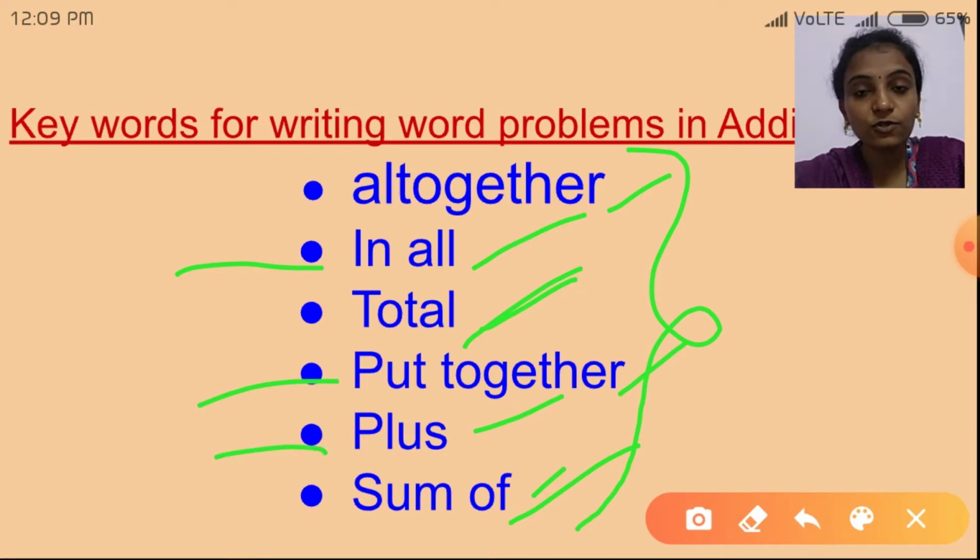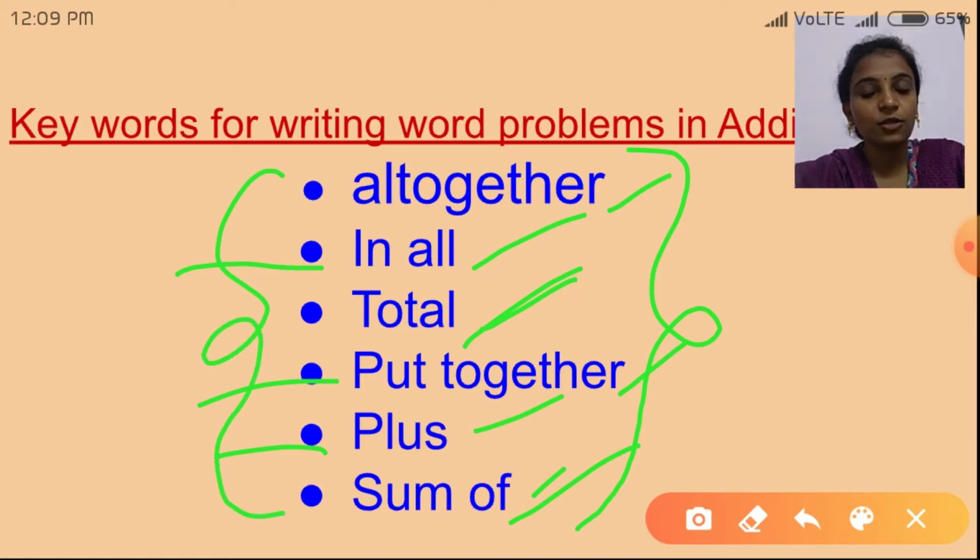If you see these kinds of keywords in the question, you have to do addition. These keywords are useful to recognize whether it is addition, subtraction, multiplication or division.